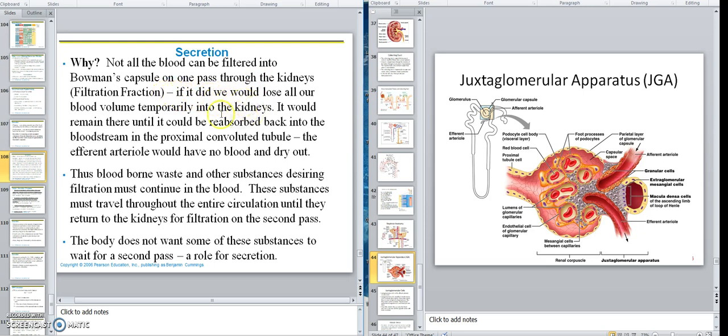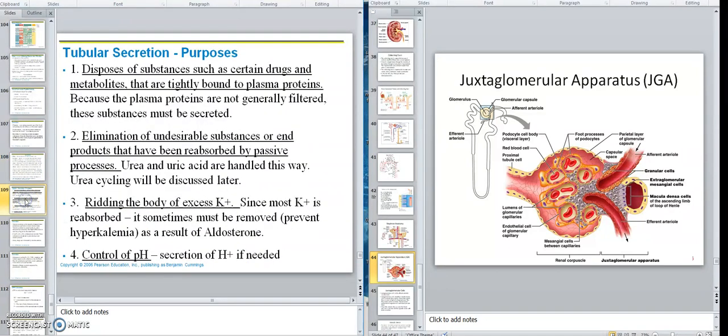If it did, we would lose all of our blood volume into the kidneys. It would remain to be reabsorbed back. The efferent arteriole would have no blood and dry out. This blood-borne waste and undesired filtration must continue in the blood. These substances must travel throughout the entire circulation until they return to the kidneys for filtration on a second pass. The body does not want this to happen for some of these, so thus comes the secretion aspect.